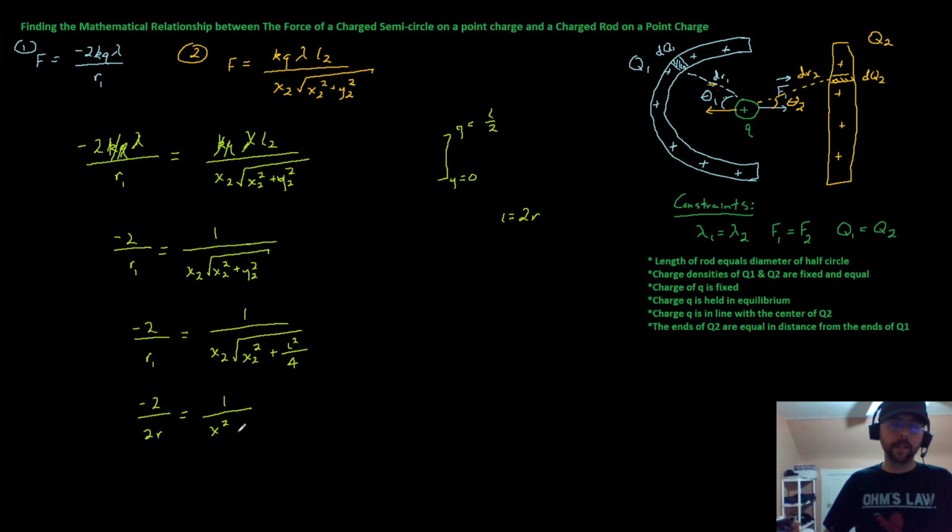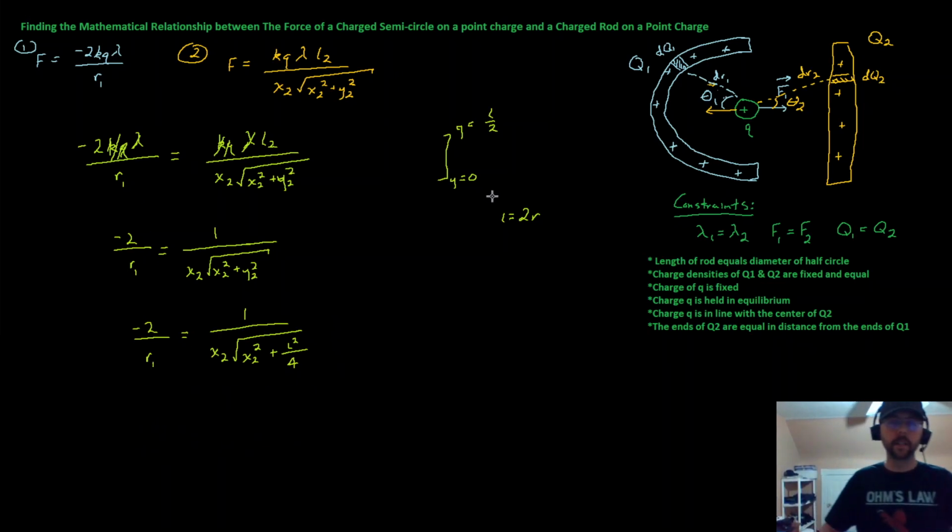I'm not going to write the subscripts now just to make it a little faster. x squared plus, and then I can actually do the same here. So if I change this L, wait, this is R. Hold on, I'm starting to get lost in my train of thought. Let me get rid of this.